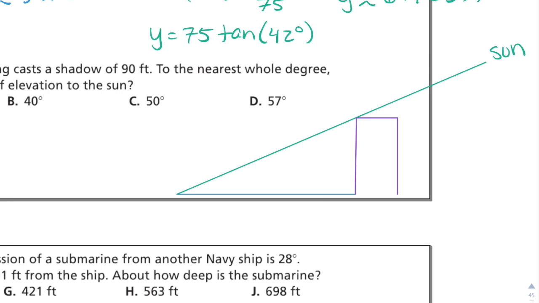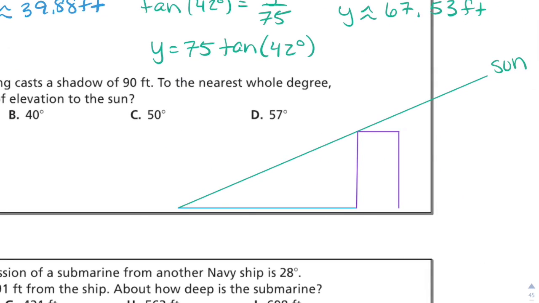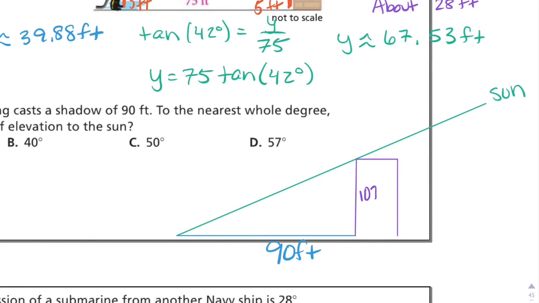If it were to be drawn to scale, 107 would look larger than 90, but it's not. We're going to say this is 90. Just take this diagram with a grain of salt. This one is 107 feet. Again, purple should be greater than the blue, but it is what it is.